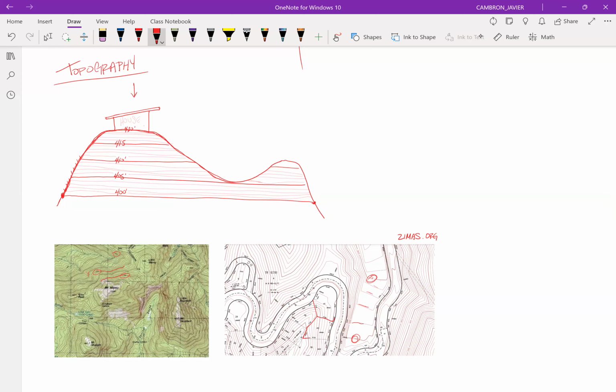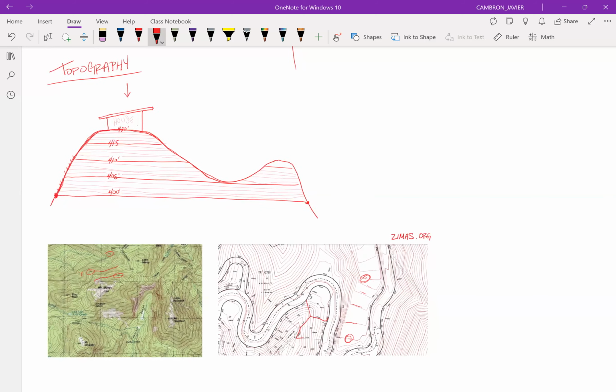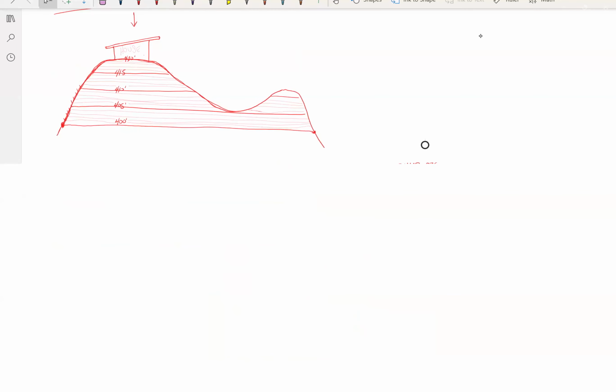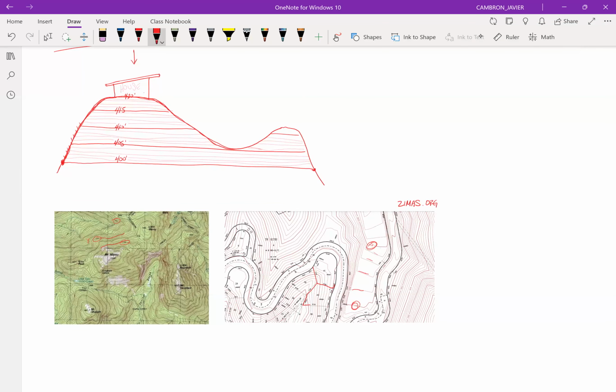Now this is just a slice through, so let me just pretend this is my 400-foot line. Okay. So then I would draw the 405-foot line.